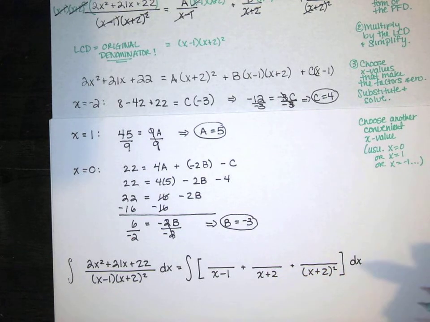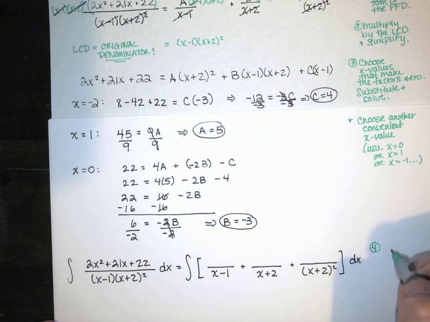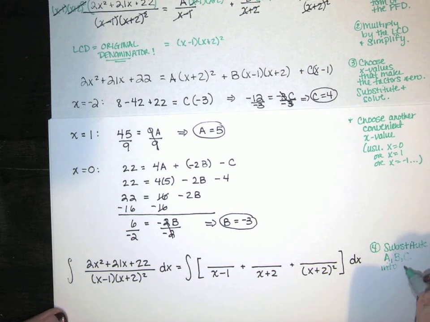And now we want to substitute back in. So I'm going to call this step 4. Substitute a, b, and c into the form of the partial fraction decomposition.